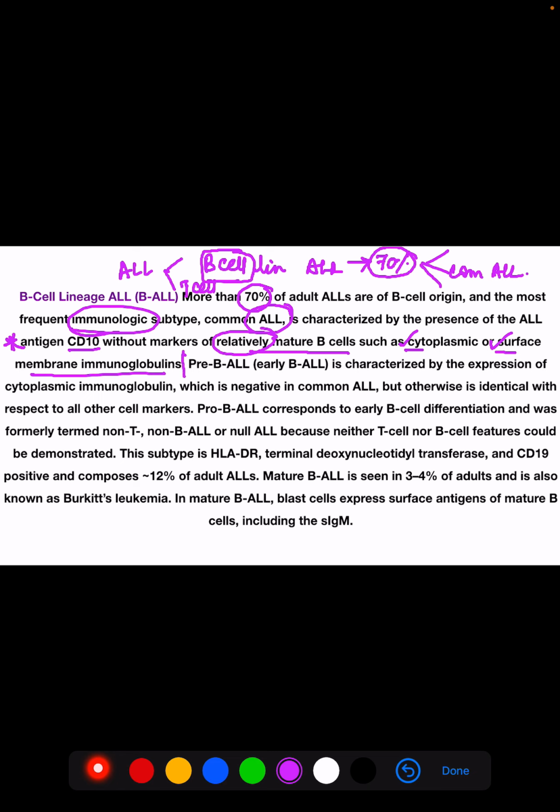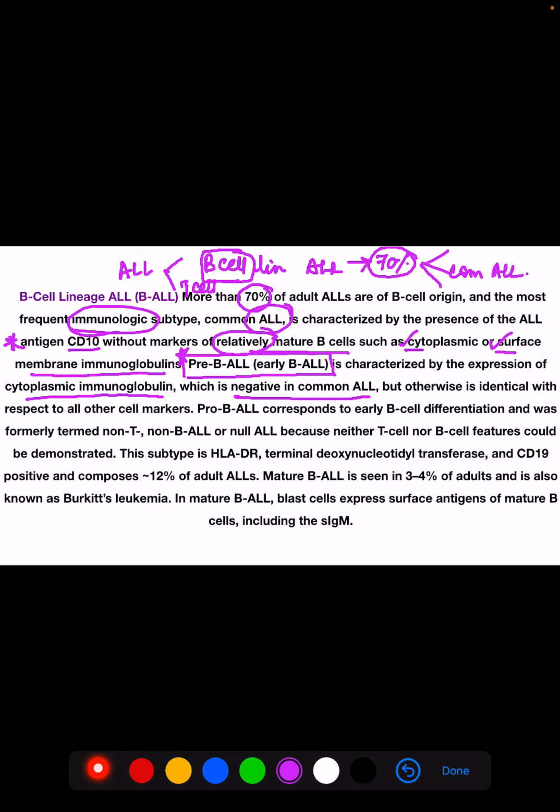And then we have pre-B ALL or early B ALL. This is characterized by the expression of cytoplasmic immunoglobulin, which is negative in common ALL but is otherwise identical with respect to all other cell markers.